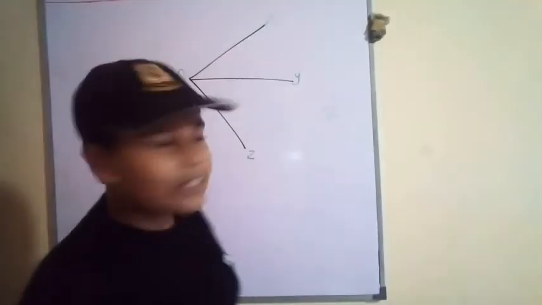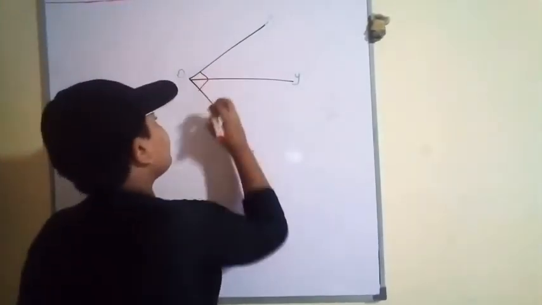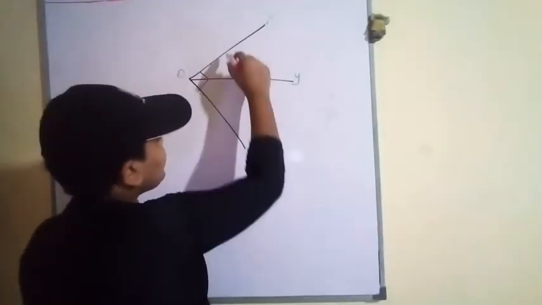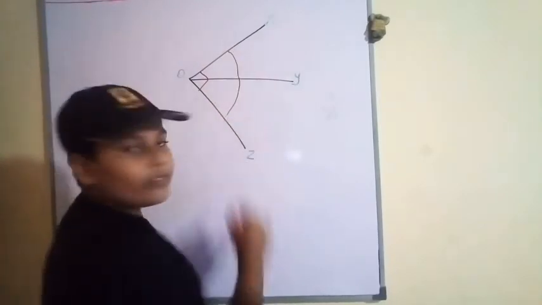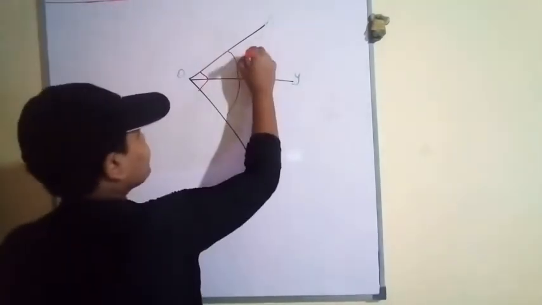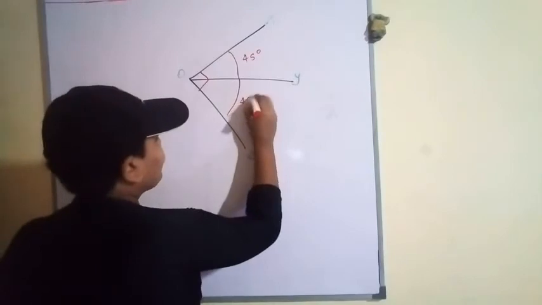You have the sum as 90 degrees. Now you can name this as 45 degrees and another 45 degrees. These are the same as each other.